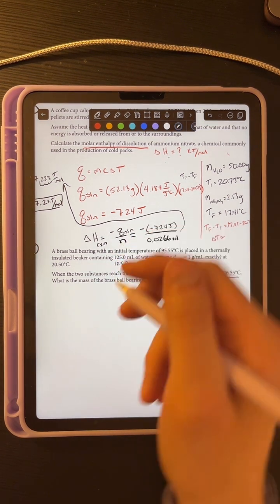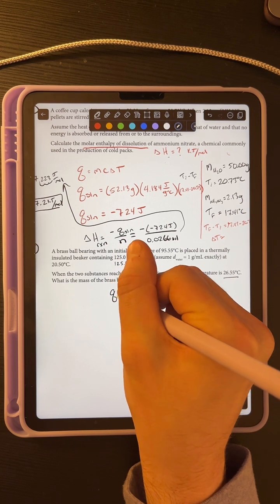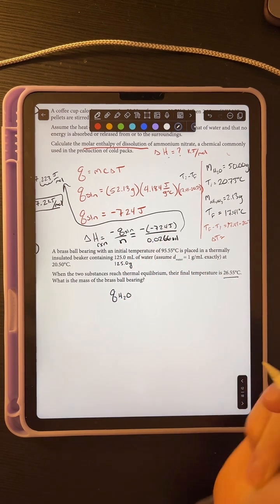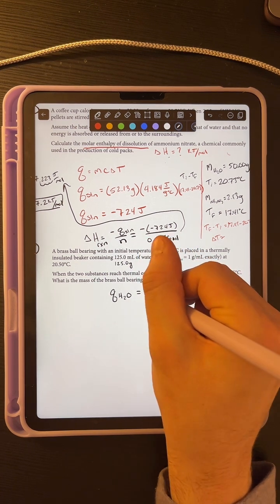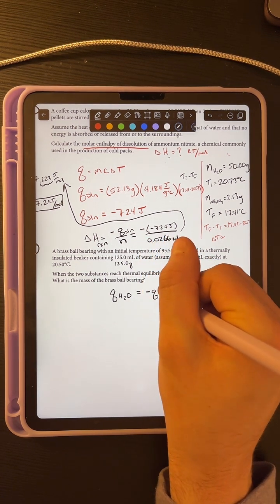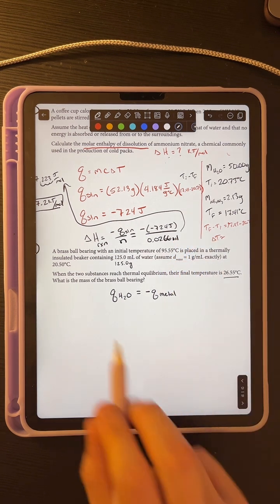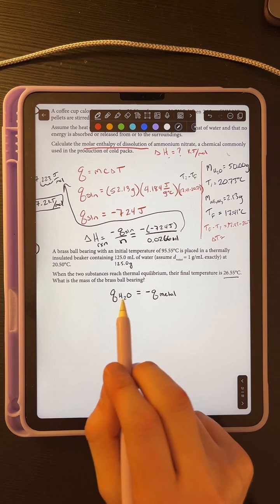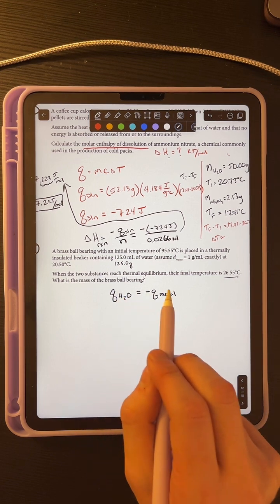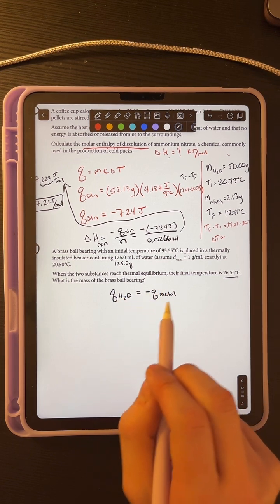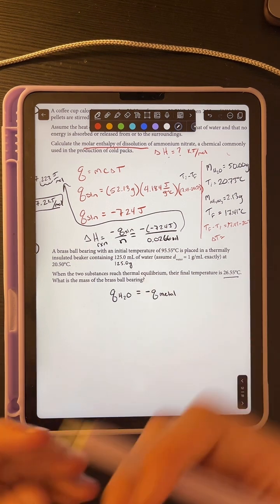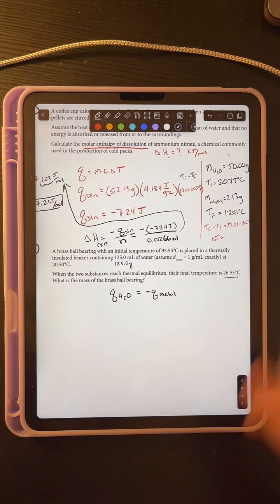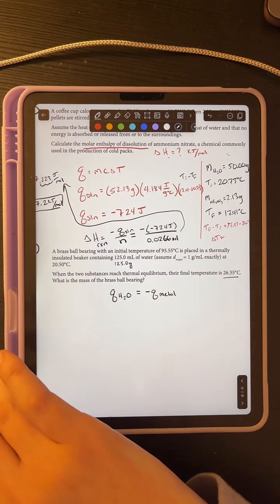What I like to do is set up the Q of our water, the heat that is being absorbed by the water, to be equal to the heat that is released by the metal, by our brass. So the water, when it comes to thermal equilibrium, will be absorbing the same amount of heat as our metal, just one is opposite because one's being absorbed, one's being released. And that's all that negative sign means.